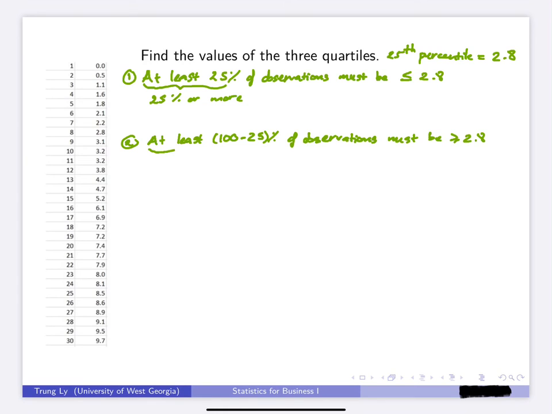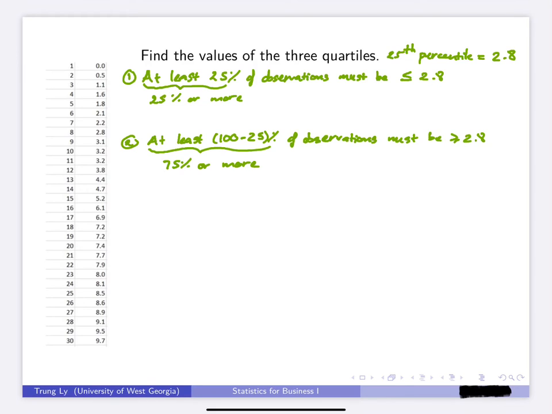That means that at least 75% of the observations must be greater than or equal to 2.8. That means 75% or more. Let's now confirm that these conditions are met.